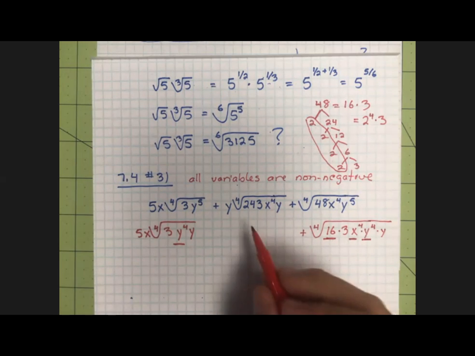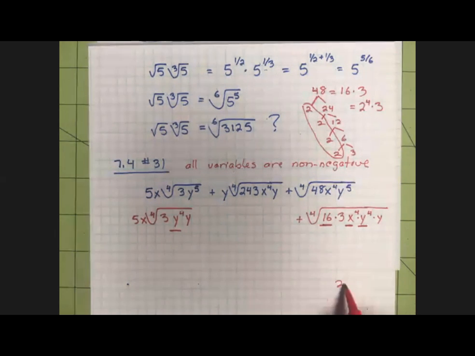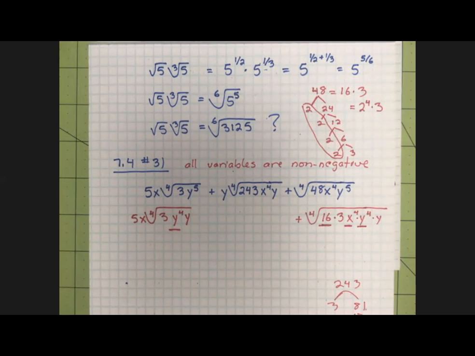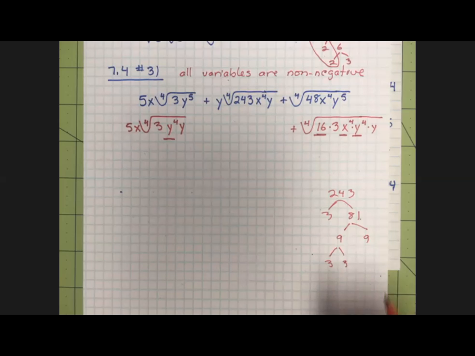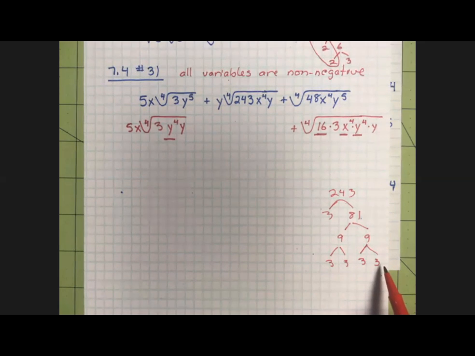How about 243? I'm guessing there must be a perfect power inside 243. 3 times 81. Yes, 81 is a perfect 4th power. You think of 81 as a perfect square, but actually 81 is a perfect 4th power. 81 is 9 times 9, perfect square, but it's also 3 times 3 times 3 times 3, which is 3 to the 4th.